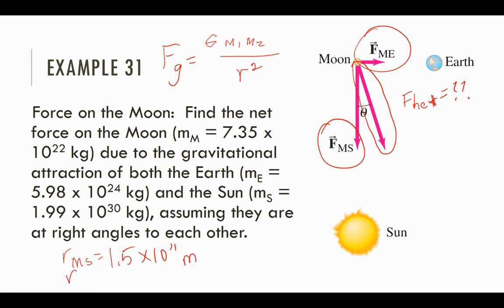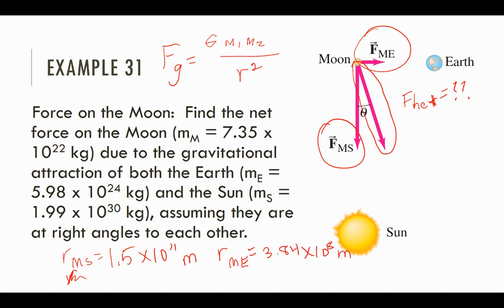And the radius of the moon to the earth is 3.84 times 10 to the 8th meters.